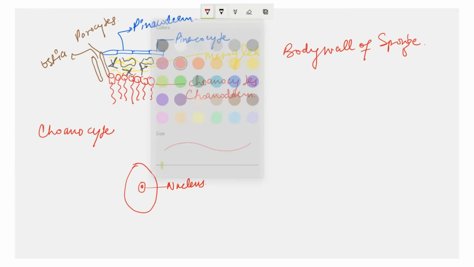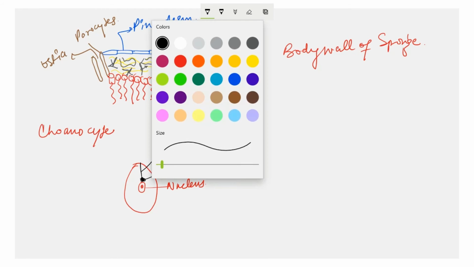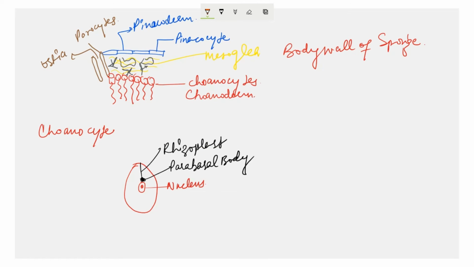And then there is a parabasal body, out of which a thread-like rhizoplast will arise, and just at the periphery of this cell cytoplasm we have a blepharoplast, out of which the flagellum arises. And this blepharoplast and flagellum, both are covered with the help of this collar.